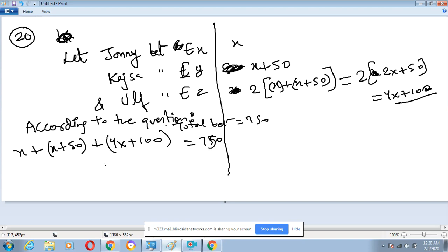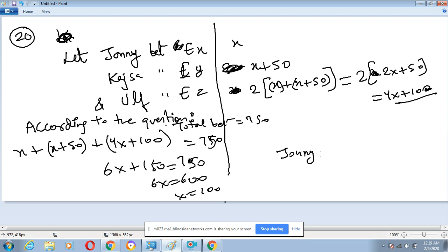So 6x plus 150 equals 750, so 6x equals 600, x equals 100. What do you have to find out? What is the last line? You have to find out how they fairly divide the 15,450 kroner win.